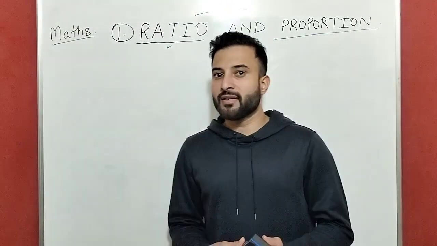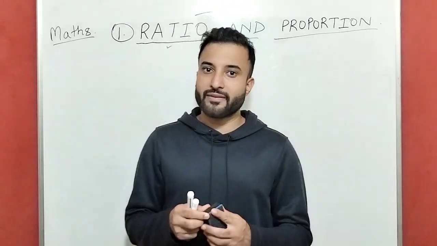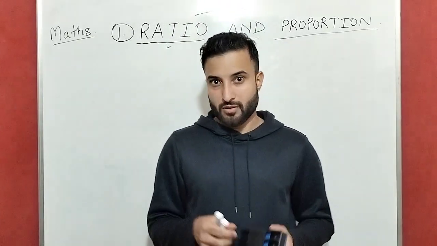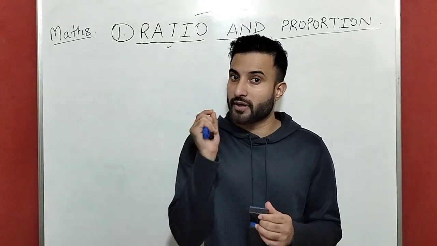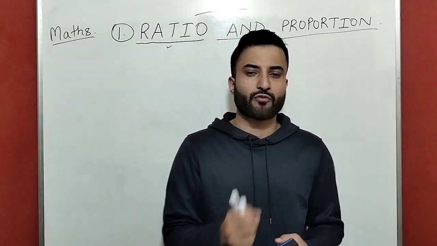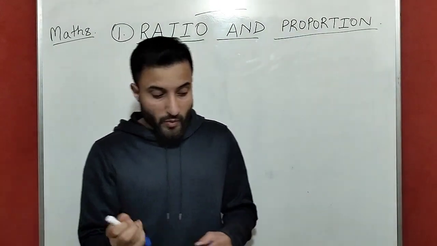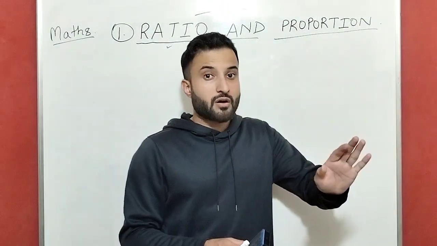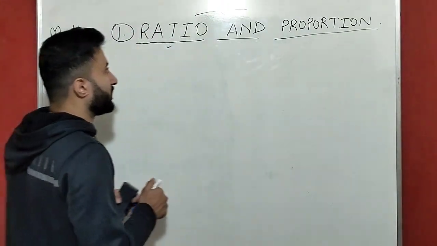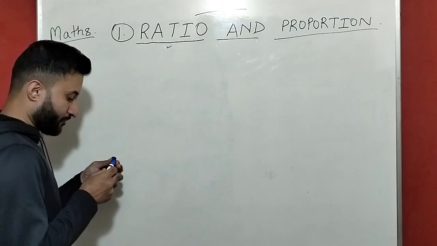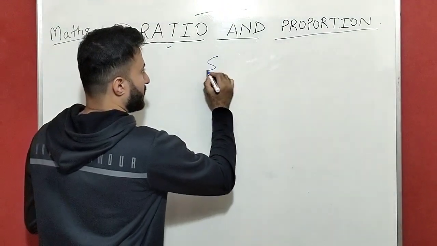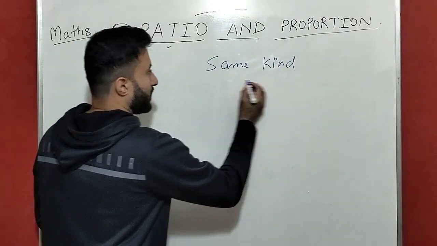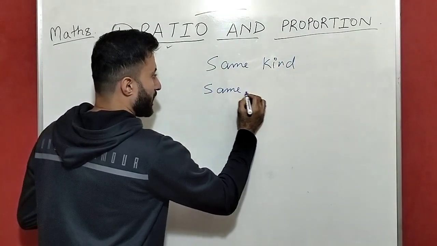But the comparison is not like you take any two quantities and compare. The very important thing you have to keep in your mind is that whenever we go for a comparison, we will see two things. First thing is same kind, and second thing is same units.